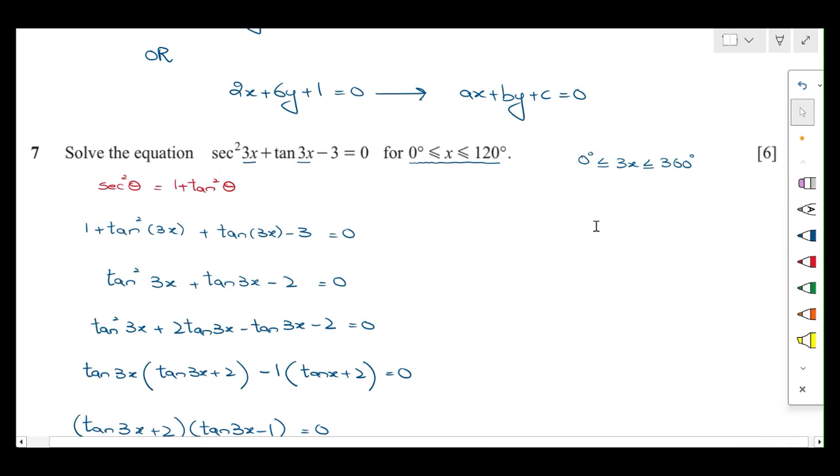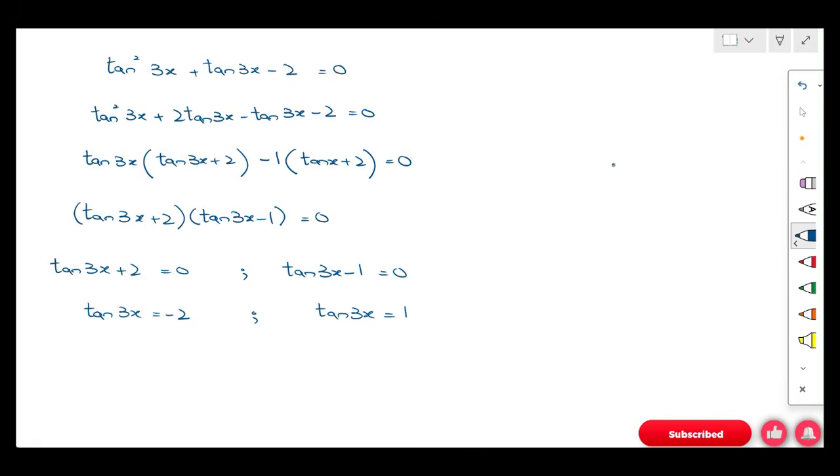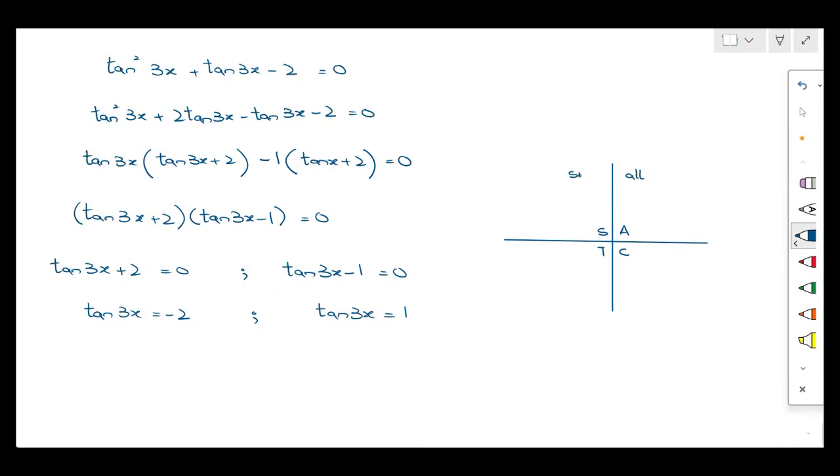Okay, so for 3x the domain is from 0 to 360 degrees. If I draw the coordinate diagram using the CAST rule, it means all positive in the first quadrant, sine is positive in the second quadrant, tangent is positive in the third quadrant, and cos is positive in the fourth quadrant.